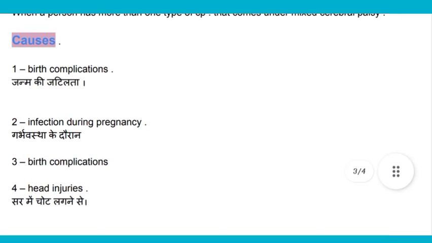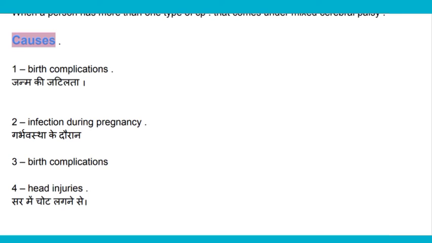Now causes we will see. First is pregnancy complications. It may be possible that a woman who is pregnant has complications during pregnancy, then it can affect the baby also. Second is infection during pregnancy.